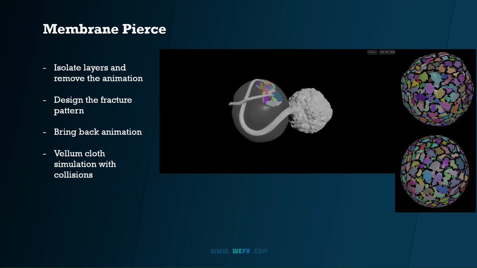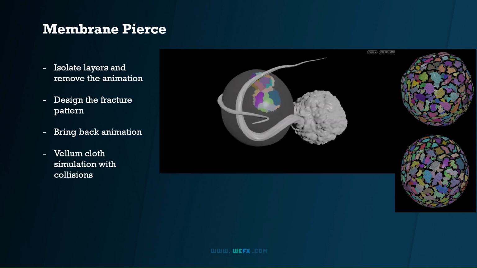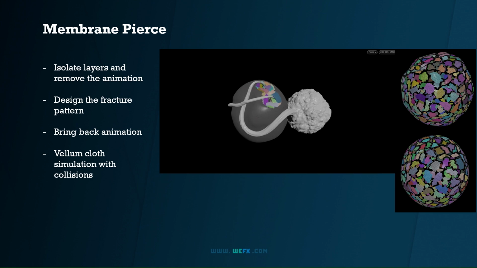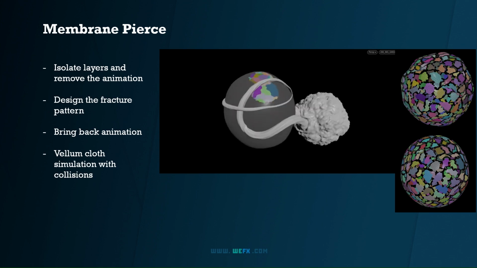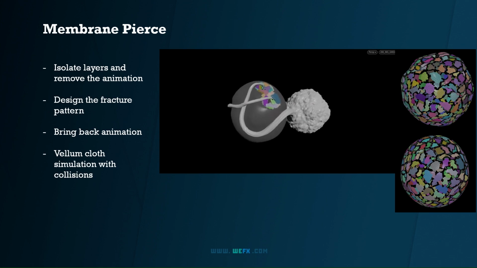It's important to understand that we do that step without the animation. We freeze frame, bring it to rest pose, do all the mesh processing that we need, and then move forward. From there, we did the fractures, brought it back to the animation, and did an interesting Vellum cloth simulation to capture the piercing of the actual animation that we got into those membranes.